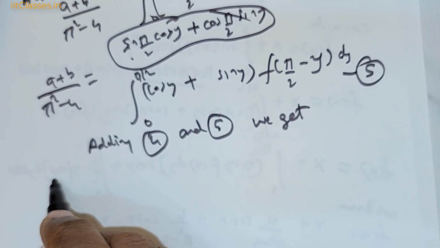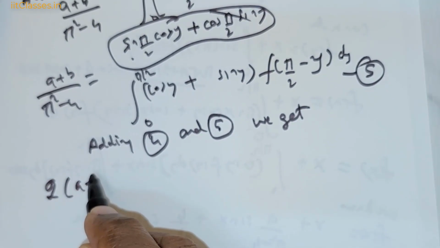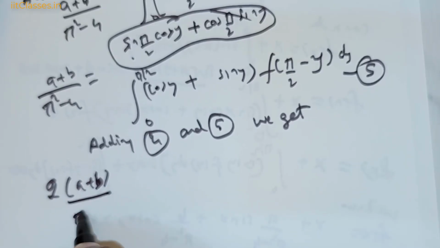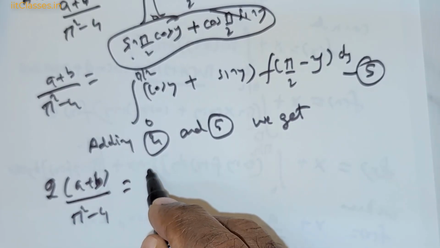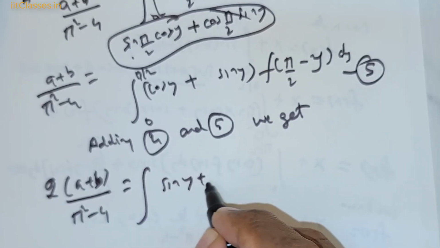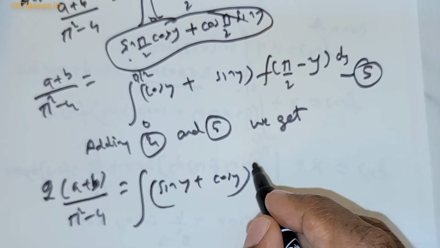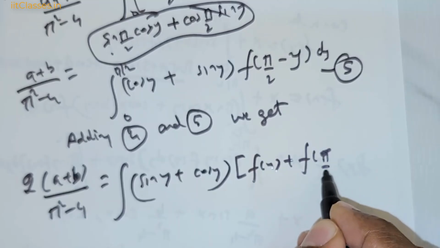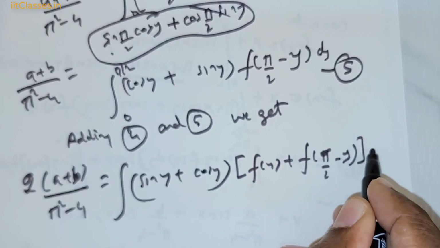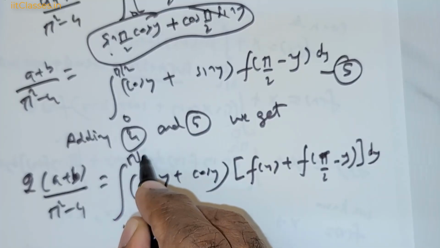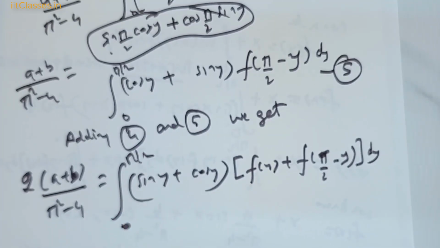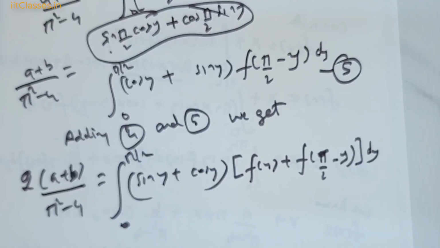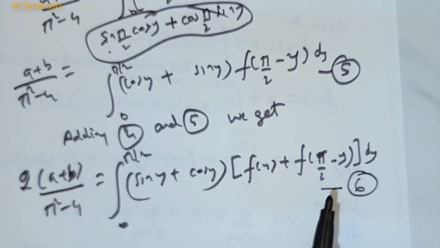So this is going to be 2 times (a plus b) divided by pi squared minus 4 is equal to the integral from 0 to pi over 2 of (sin y plus cos y) multiplied with (f of y plus f of (pi over 2 minus y)) dy. Fair enough. Now I'll take this as 6.